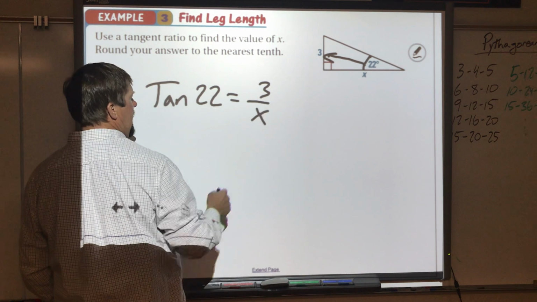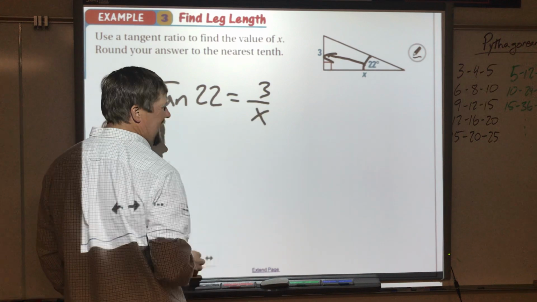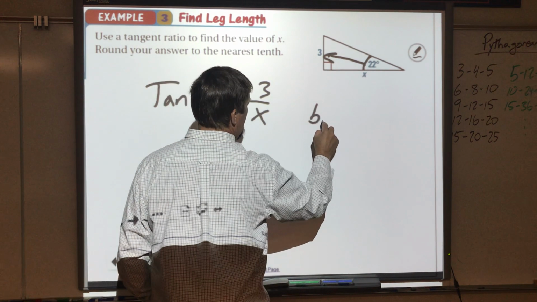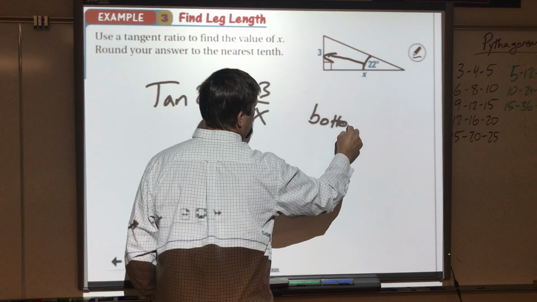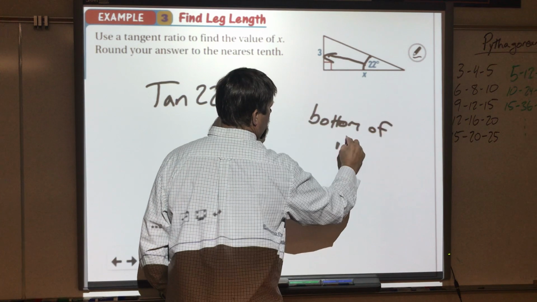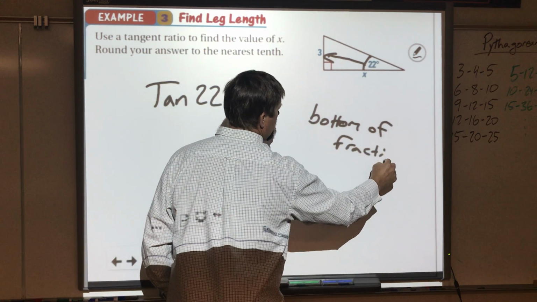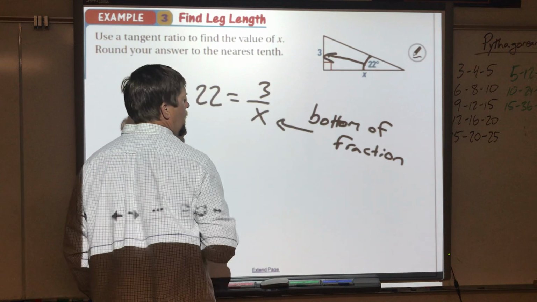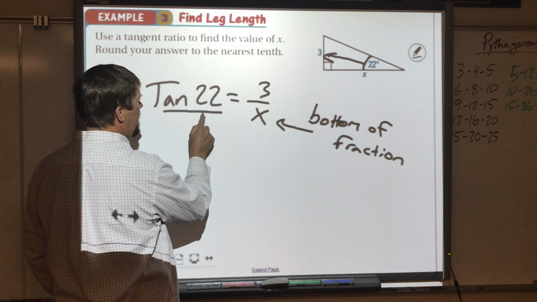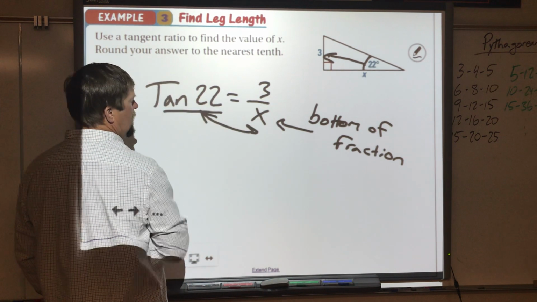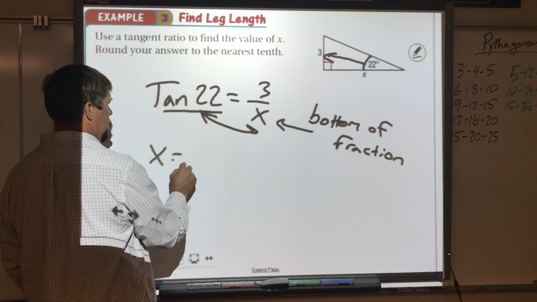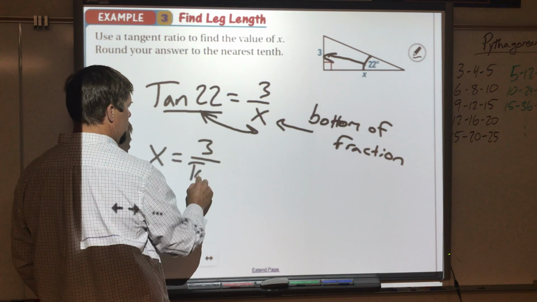If I find x, and x is on the bottom, the denominator, all you have to do is switch x and the tangent of 22.